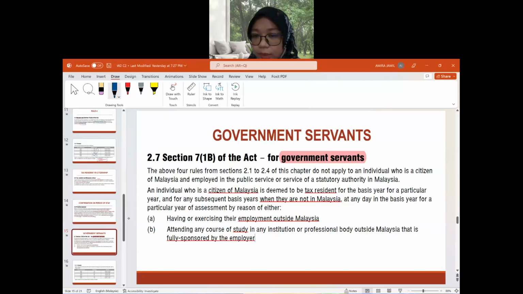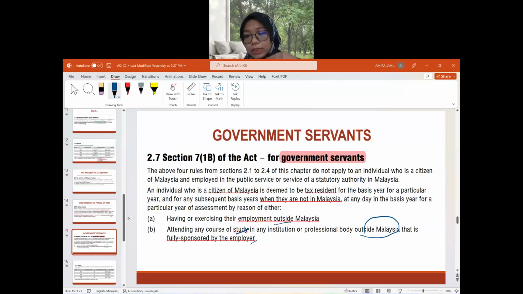A citizen of Malaysia is deemed to be a tax resident even when they are not in Malaysia at all, because of employment outside Malaysia ataupun study di mana-mana university atau professional body outside Malaysia, study abroad and fully sponsored by the employer.